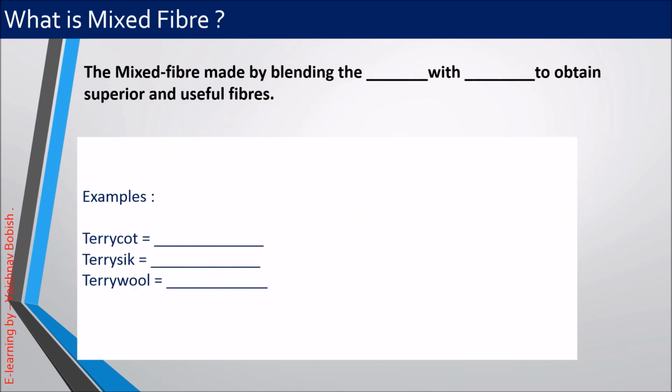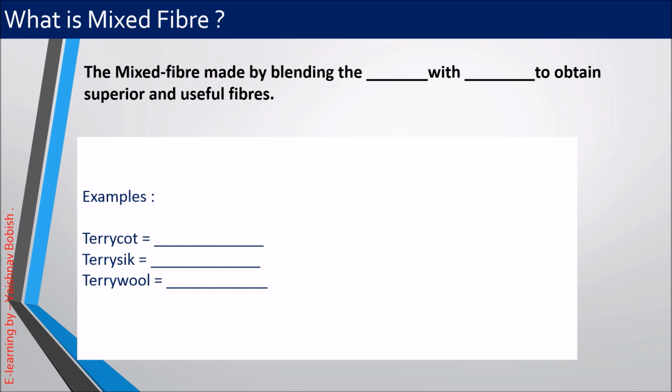What is mixed fiber? The mixed fiber is made by blending the dash with dash to obtain superior and useful fibers. So the mixed fiber is made by blending the natural fiber with synthetic fiber.